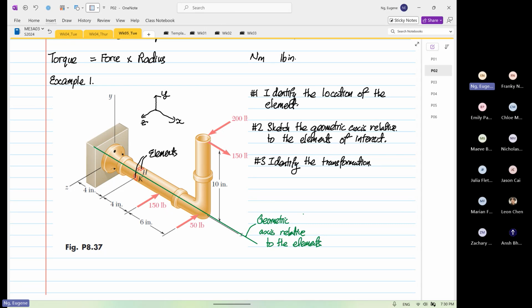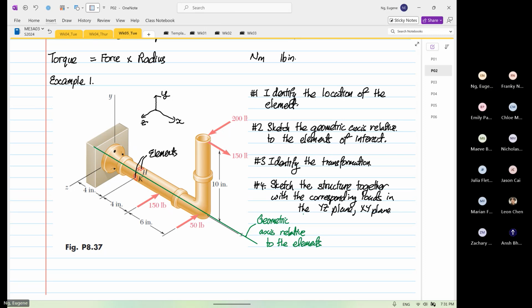And then the next thing we're going to do is determine, or sketch, the structure together with the corresponding loads in the YZ plane, in the XY plane, and in the XZ plane.